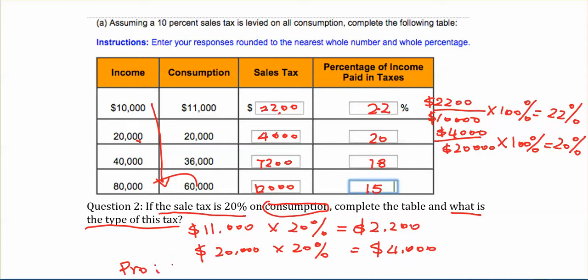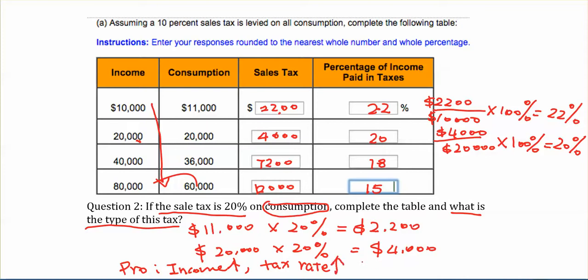So progressive tax means income increases, and the tax rate increases. Remember this is the tax rate, which means the percentage of income paid in taxes, not the sales tax. If it is progressive, it should increase.